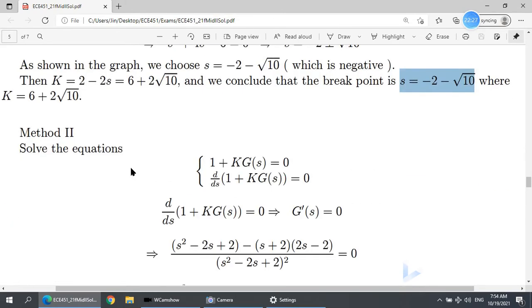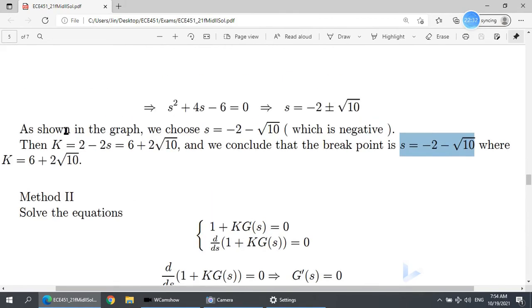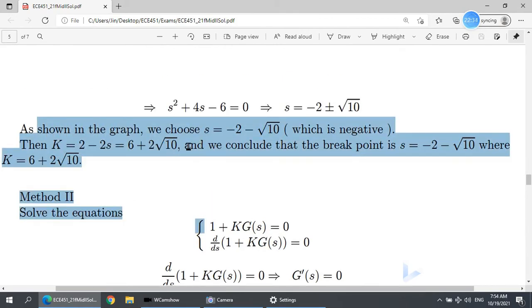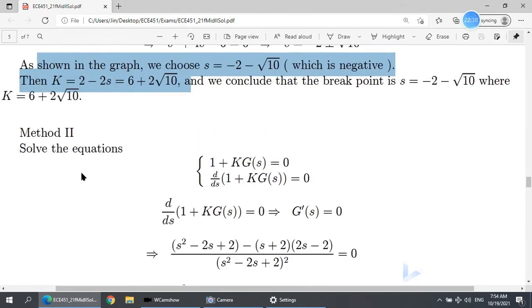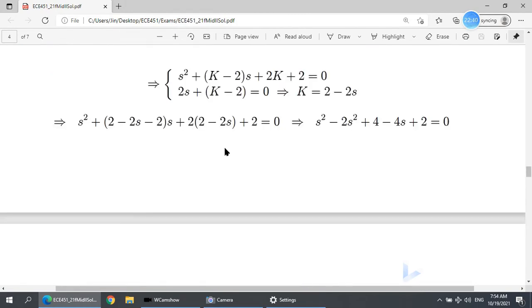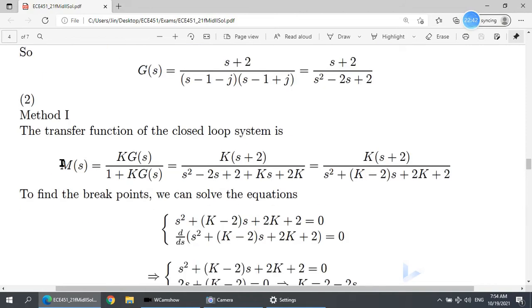Okay, and we have a second way. The first method I introduced in the class and in the lecture, and the second way is given in the textbook. It still uses the denominator of this m of s, but in the first step, they choose the denominator, this part.